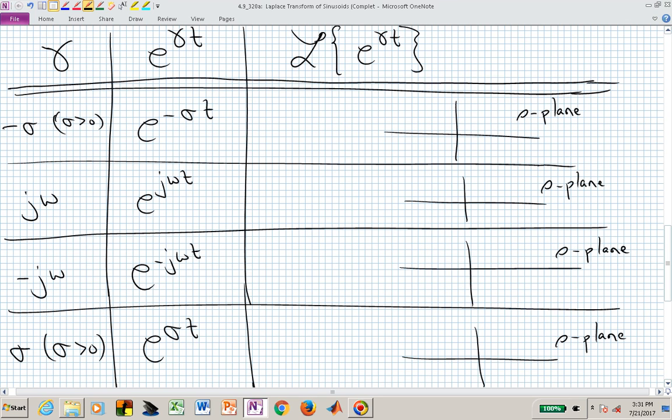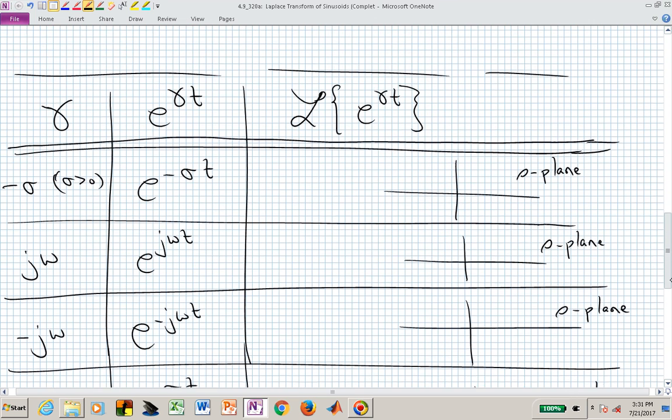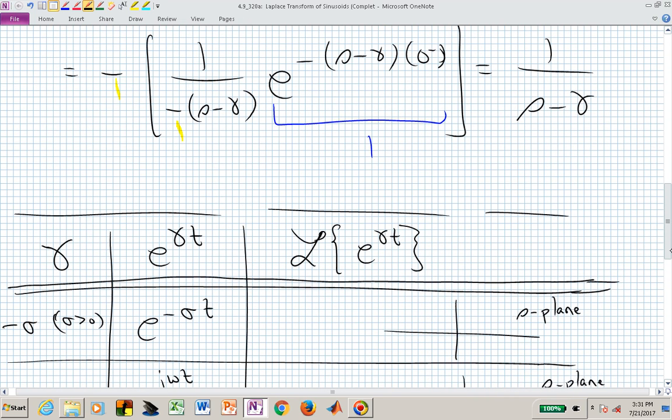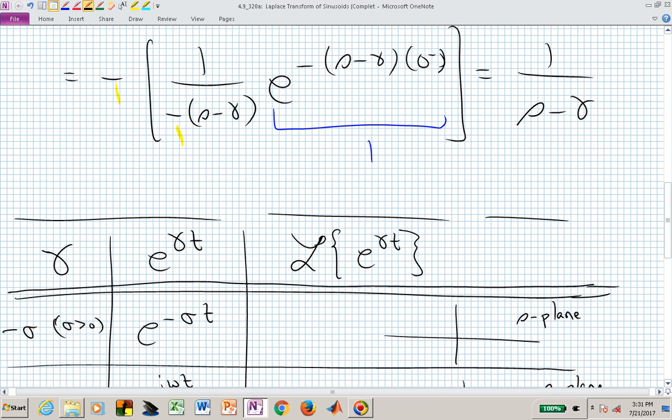We now have a decaying exponential as a function of time. If we go back to what we had here and replace gamma with minus sigma, I hope you see that we have 1 over s plus sigma for the Laplace transform. So here is the Laplace transform of e to the minus sigma t.